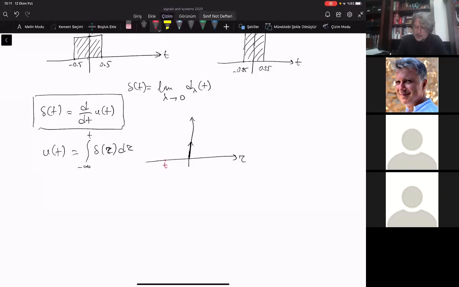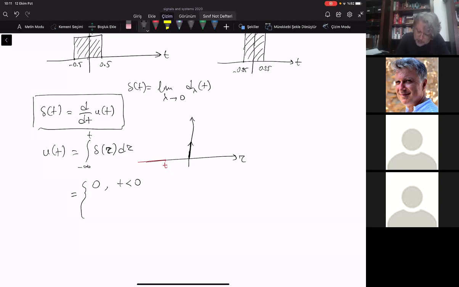So when I integrate delta of tau, the impulse shape, from minus infinity up to t, all the way from here to here, what is that integral? That integral will be 0 because there was nothing. So this will give me 0 if t is less than 0. Whenever this red t stays less than 0, this integration will give you 0.